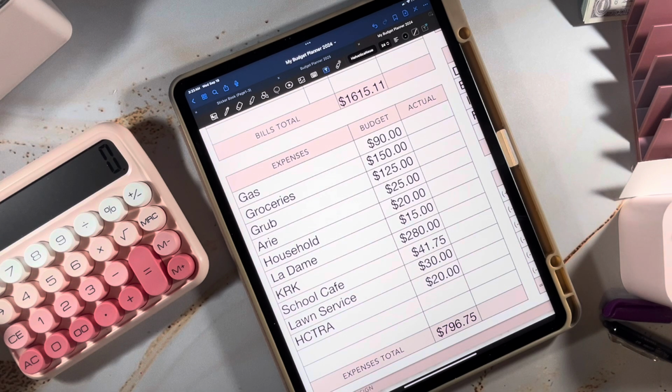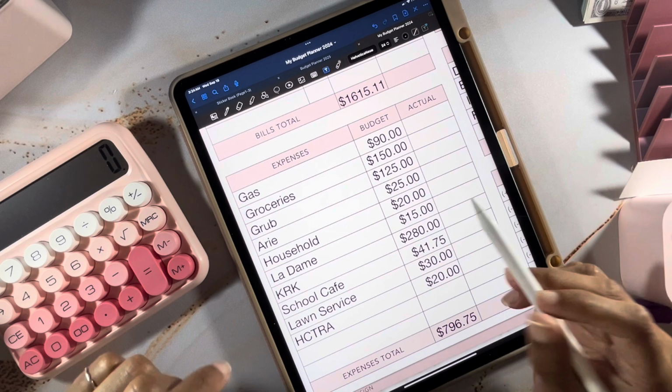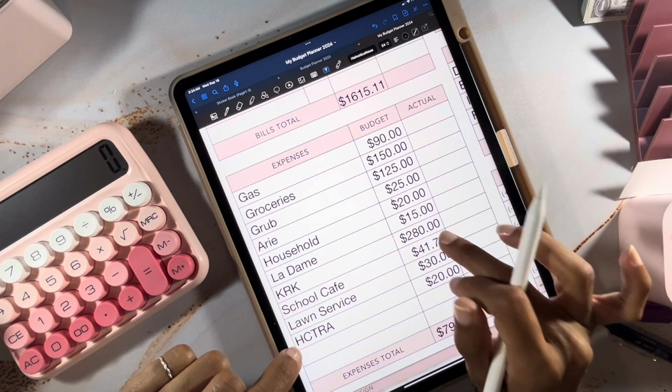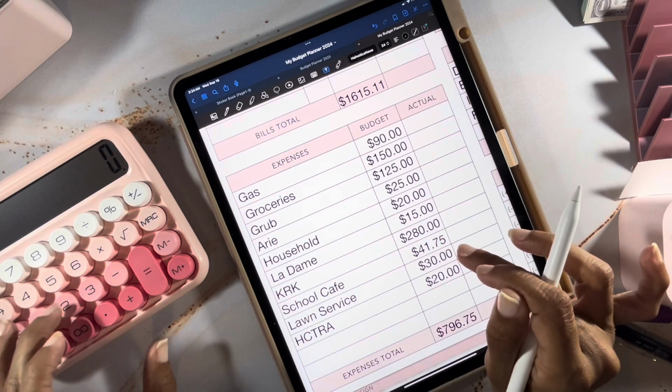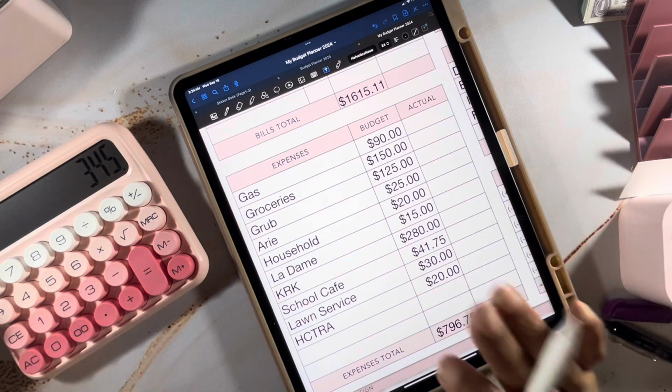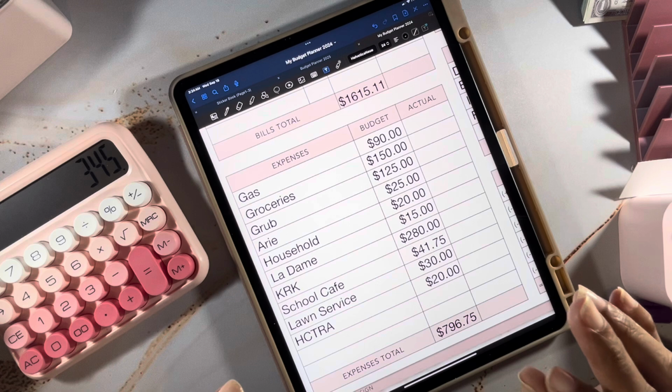But for some reason, that $75 has thrown things off from the rotation of how my payments are done. So I'm going to go ahead. It's a $65 difference. So I'm going to add $65 to this $280. That way it will be right.